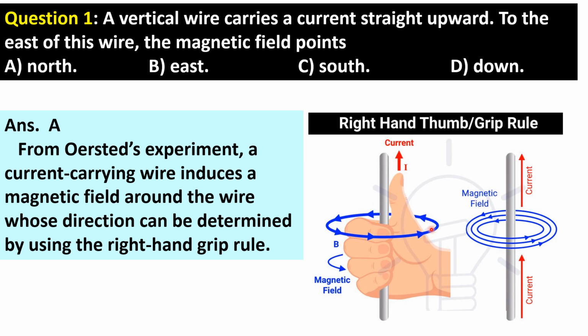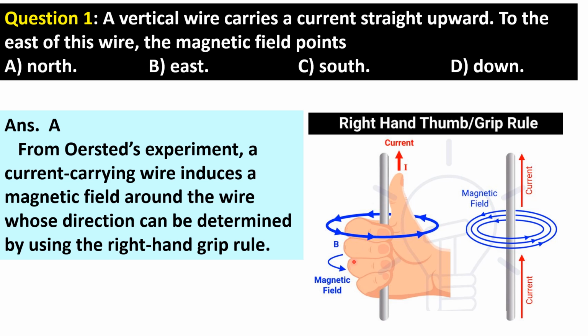So in general, we can say that for a current that is directed upward, away from the ground, around this vertical wire there is a magnetic field directed in a counterclockwise manner.